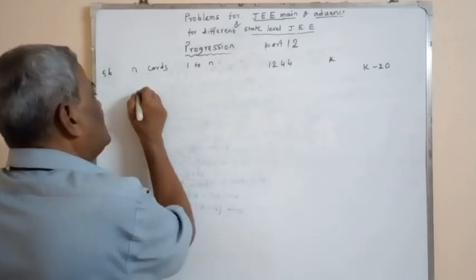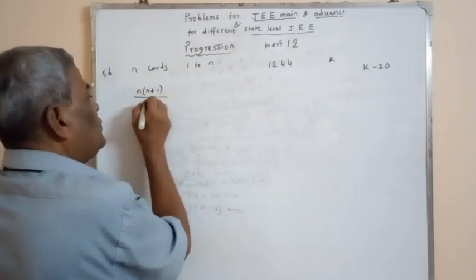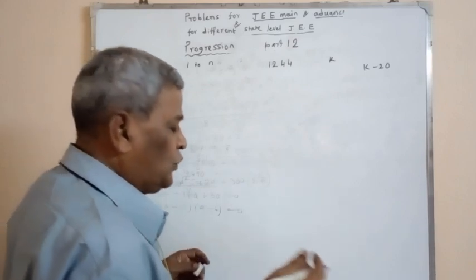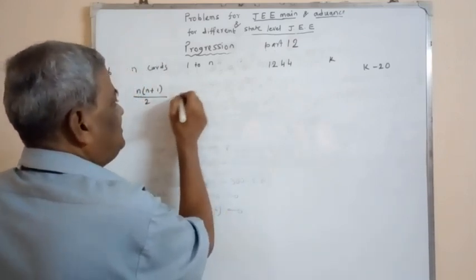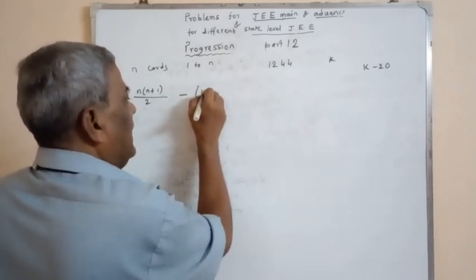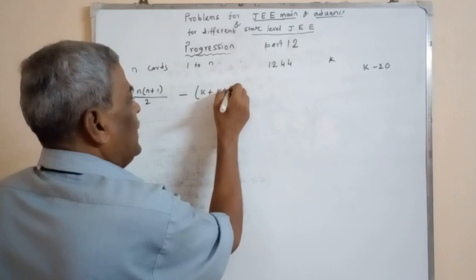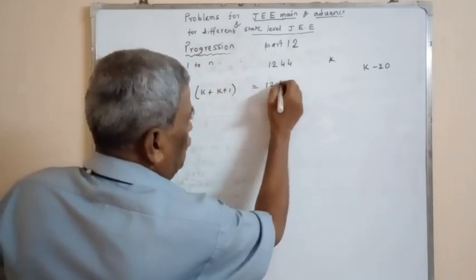Now, the sum of the cards before removing is n into n plus 1 by 2, because it is 1 plus 2 plus 3 up to n, minus the removed cards k and k plus 1, and that together is 1244.